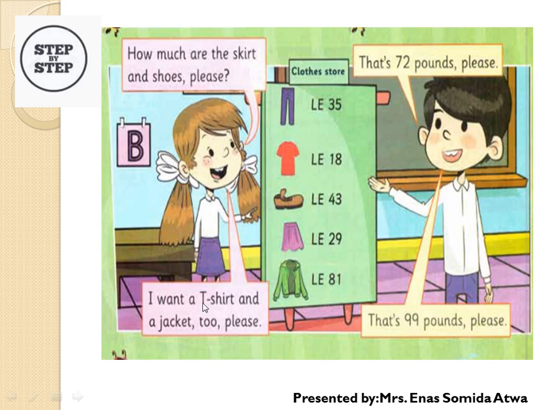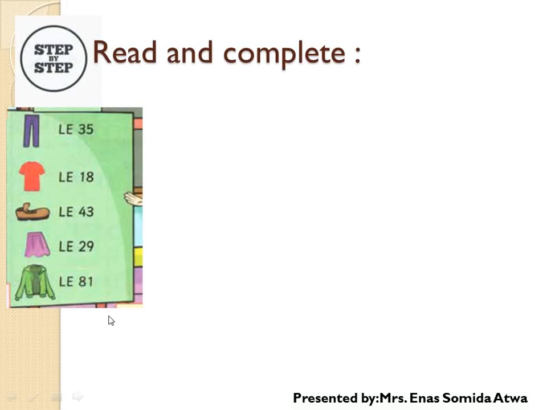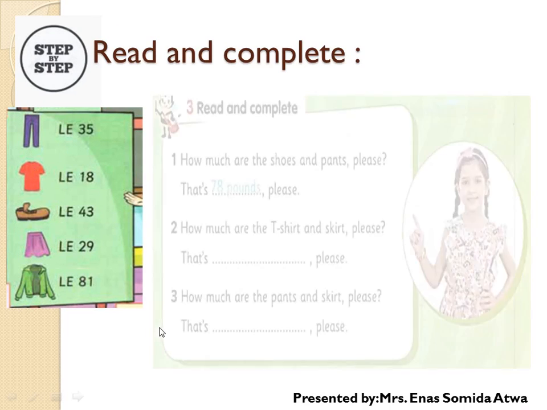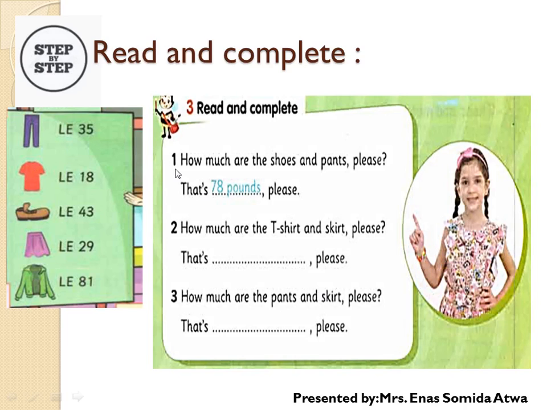I want a t-shirt and a jacket too please. أنا عايز t-shirt و jacket. T-shirt 18 jacket 81. So it will be 99 pounds please. Okay. Now we will complete. ادي قائمة الأسعار معانا اهي، وهنشوف صاحبتنا دي هنجاوب معاها ازاي.